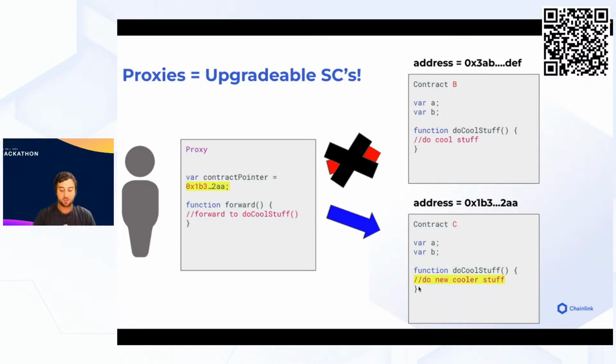But as you'll see, the function do cool stuff in contract C really is doing new, cooler stuff on the inside. I know these terms are very technical. So, this way the user can stay pointed to this proxy contract, but you, the developer, can change the contract that the proxy itself is pointing to. And in this way, you get an upgradable smart contract design.